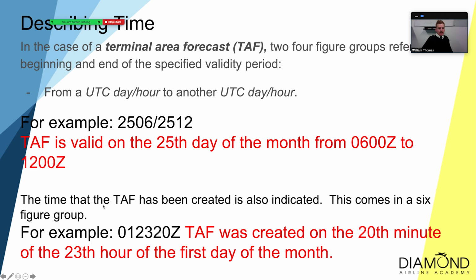The time that the TAF has been created is also indicated, in 6-figure time. For example, this 6-figure group, 012320Z, stands for the first day of the month, 2320 Zulu.